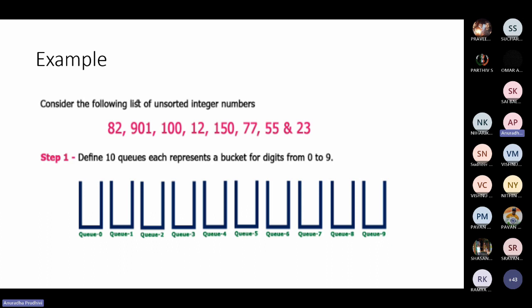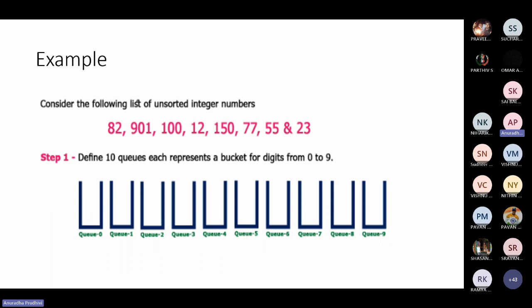Okay, so next, consider this list and take the next significant digit. Based on that we have to sort. Every time we are considering the least significant digit, so we have to store those in one array, and from that array we have to take the maximum element.